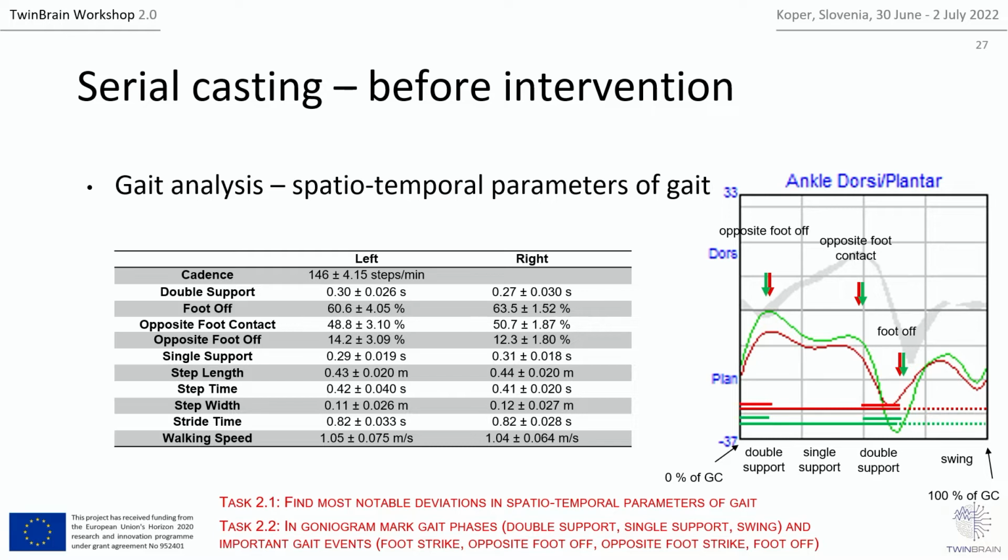We notice that the whole stance phase on the right side and on the left side is approximately the same. Again, the second double support starts at approximately 50% and lasts the same amount of time for the left and the right side. And also the swing phase lasts for about 40% as normal.